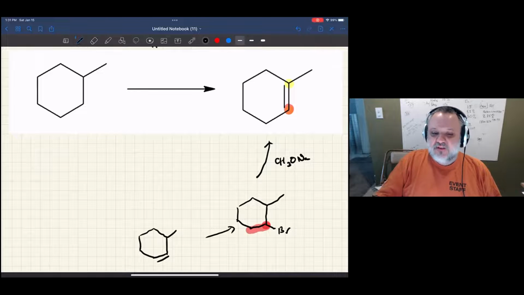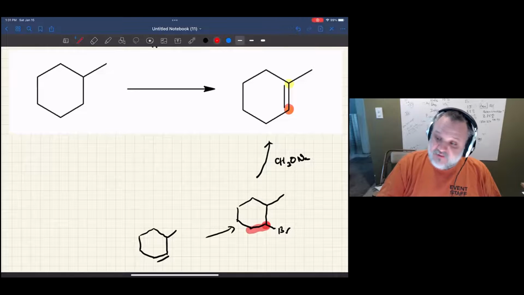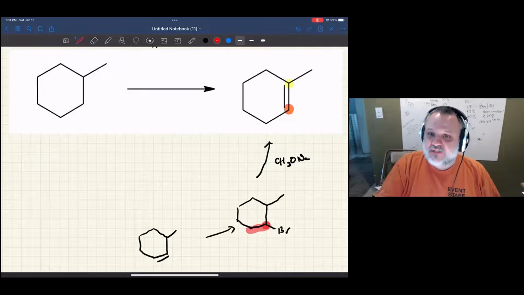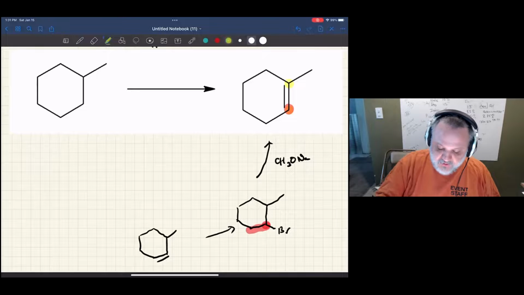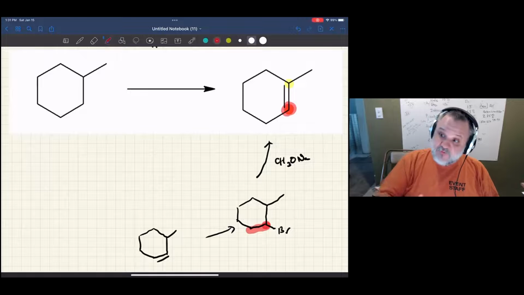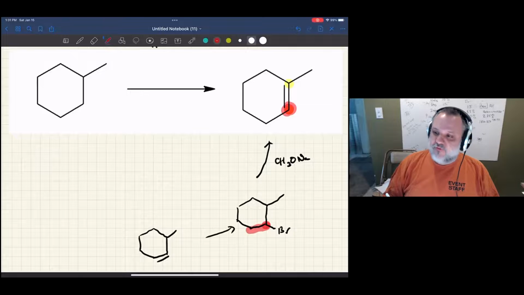Okay, now that I have a double bond like that, how can I make double bonds? Well, again, we're talking about elimination. Now we're going to see why that initial selection of the red location for the leaving group was going to be a bad choice. Sometimes you have to go back and see. If I had a double bond here, where did I eliminate from?